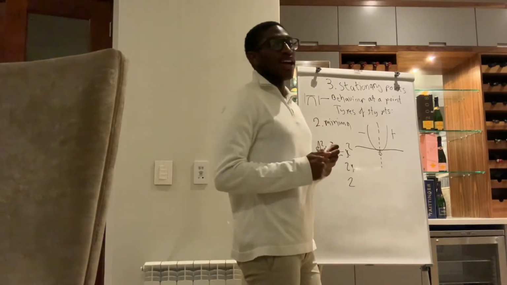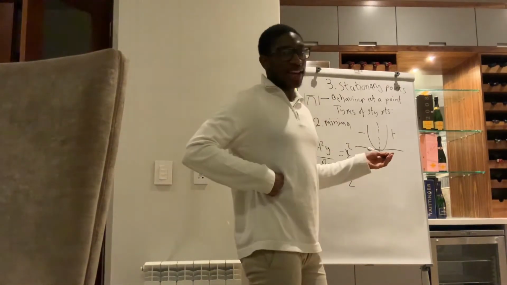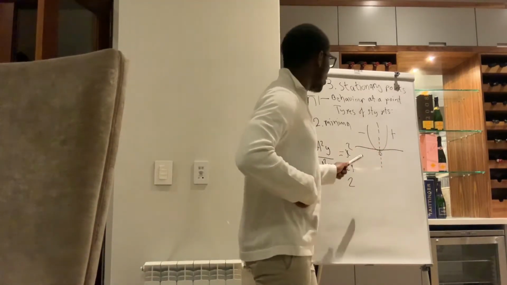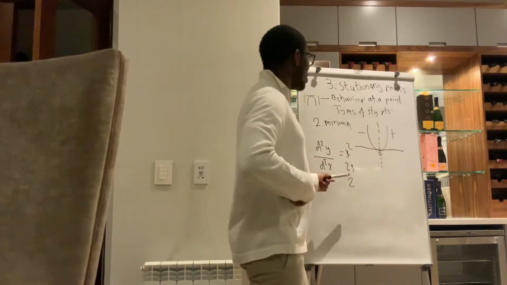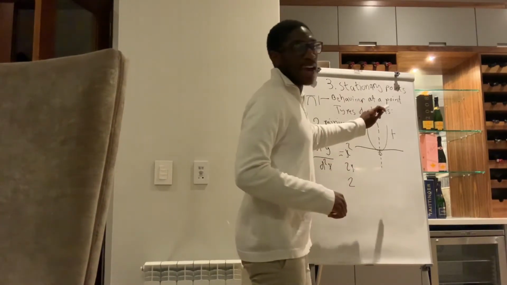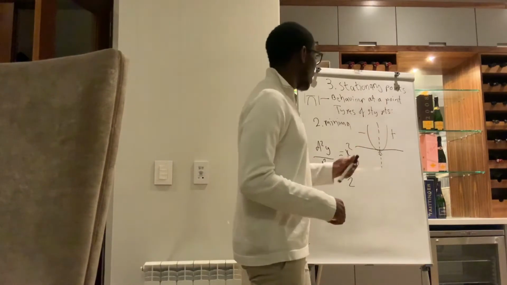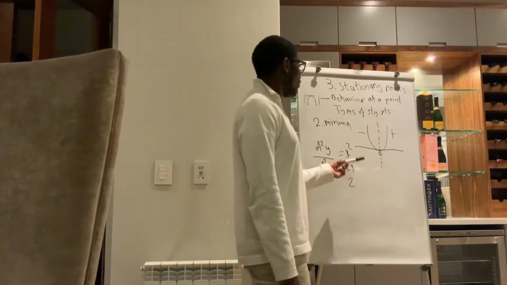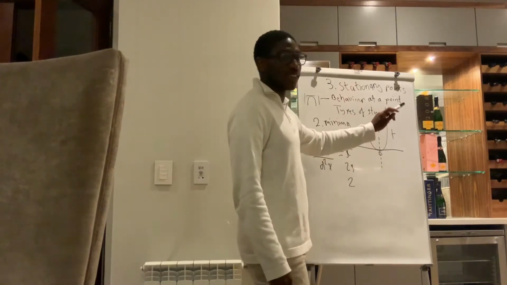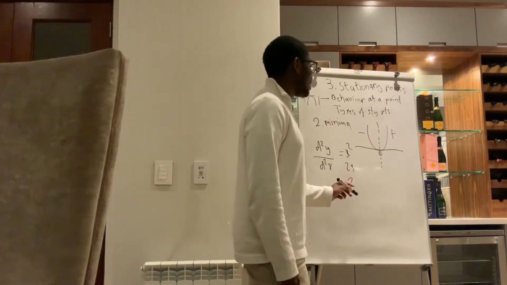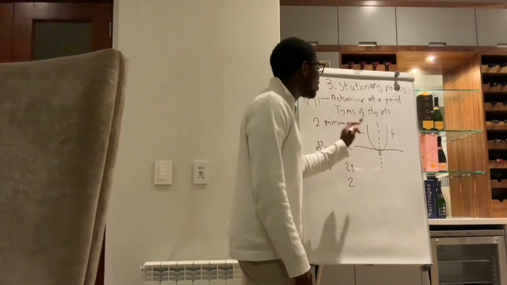So if you have a function that's quadratic, so of degree 2, the second derivative is going to be a constant. If the second derivative is a constant, it means the second derivative is the same at all points on the function. So if the second derivative of a quadratic function is positive, the function is at all points convex. If the second derivative is negative, the function is at all points concave.